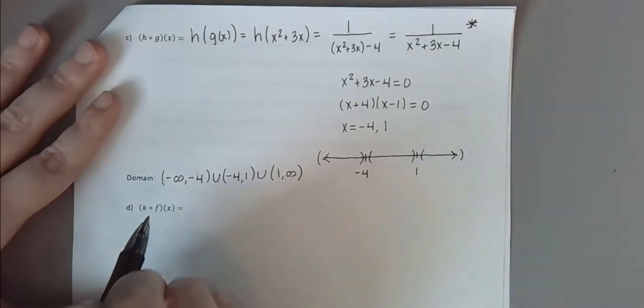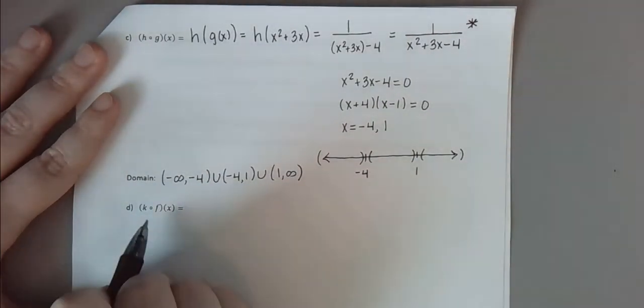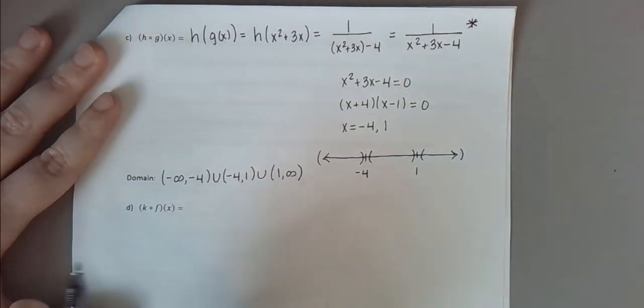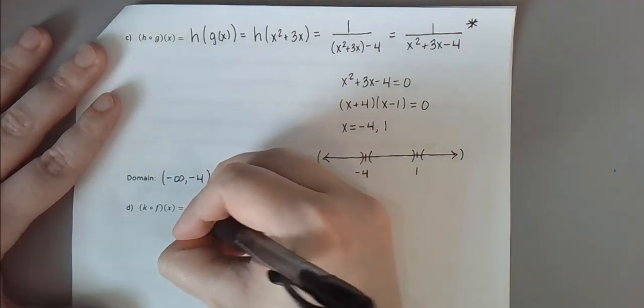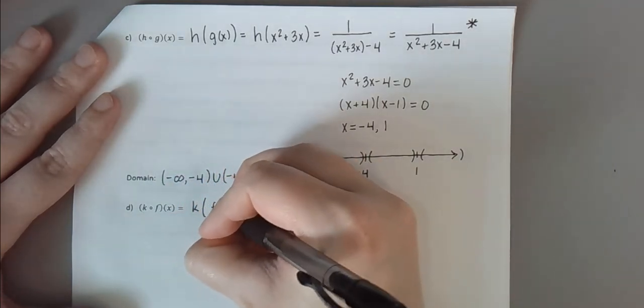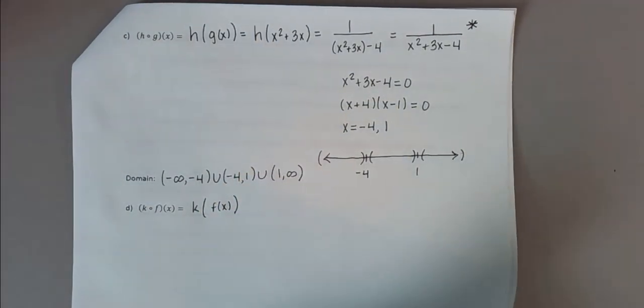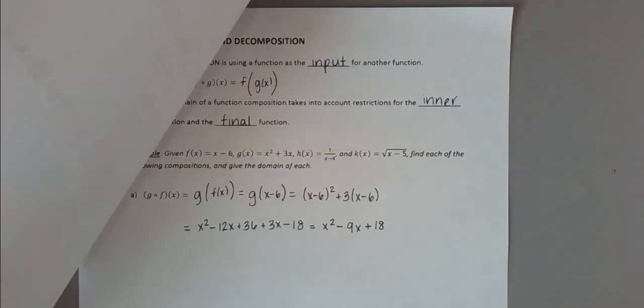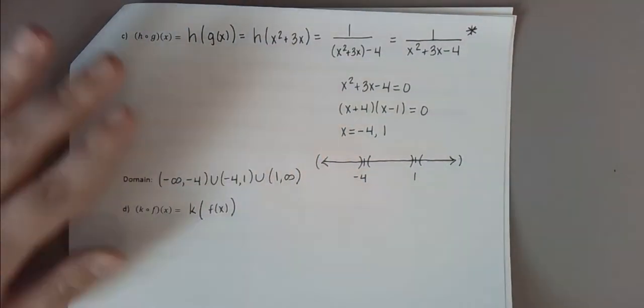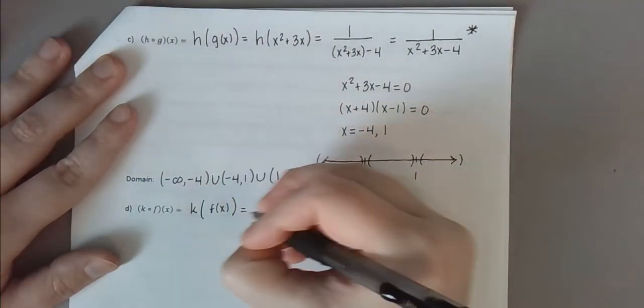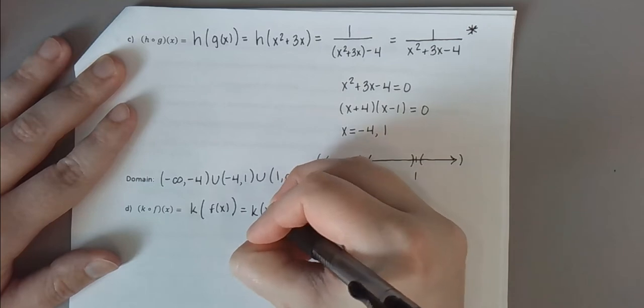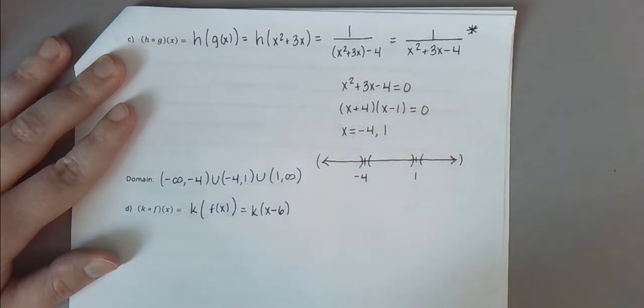Okay, what about k composed with f? So k, I believe that was our radical function, and then f was linear. So k of f of x, let's verify. So f of x is linear, x minus 6. So that's going to be k of x minus 6.